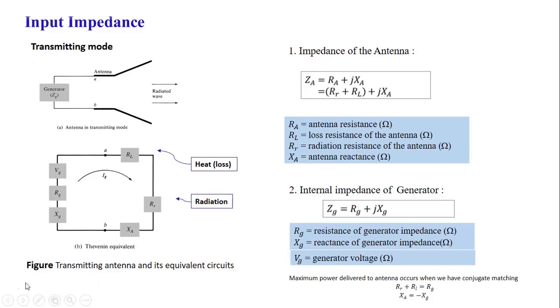So here we will first consider the antenna in transmitting mode, and we will find the input impedance of the antenna at the two input terminals, A and B.